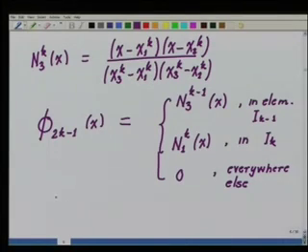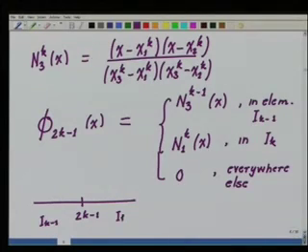So what we have said is, if I talk of this node 2k minus 1, this is element ik minus 1, this is element ik. Okay.